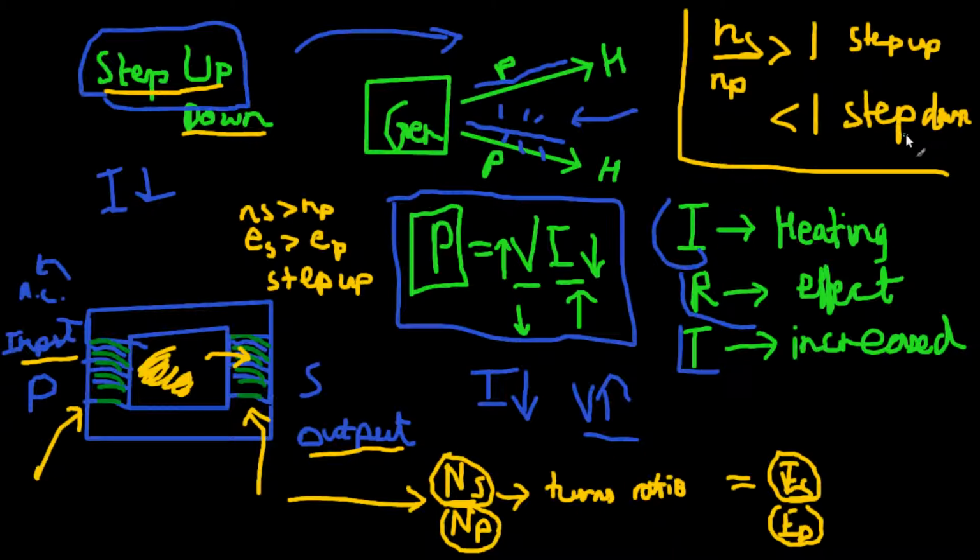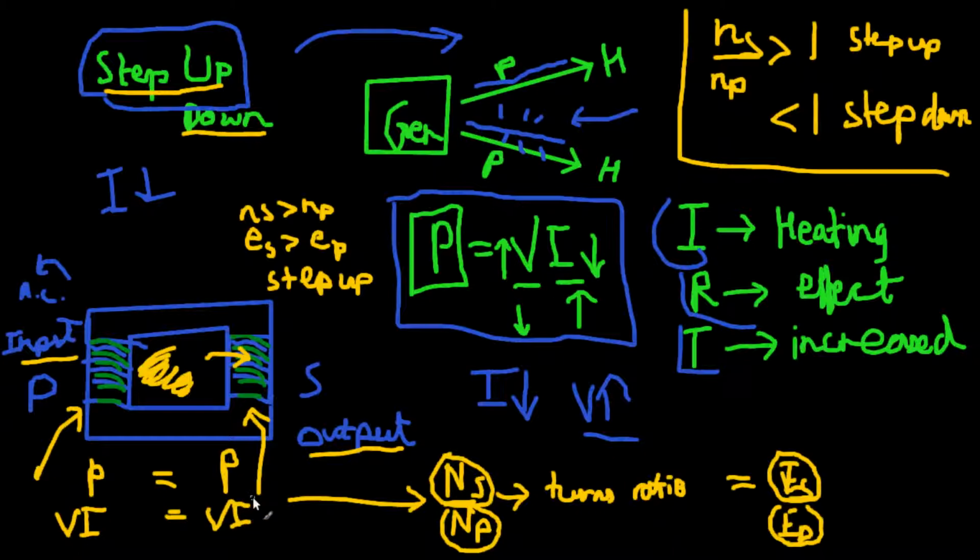But also remember that none of this is ideal ever. It's a sort of machine, so it's not going to be ideal. There'll always be certain losses in the energy. It's not going to be exact. But for an ideal transformer, the power in the primary will be equal to the power in the secondary. So we can say VI over here is equal to VI in the secondary. And we can express V as EMF.